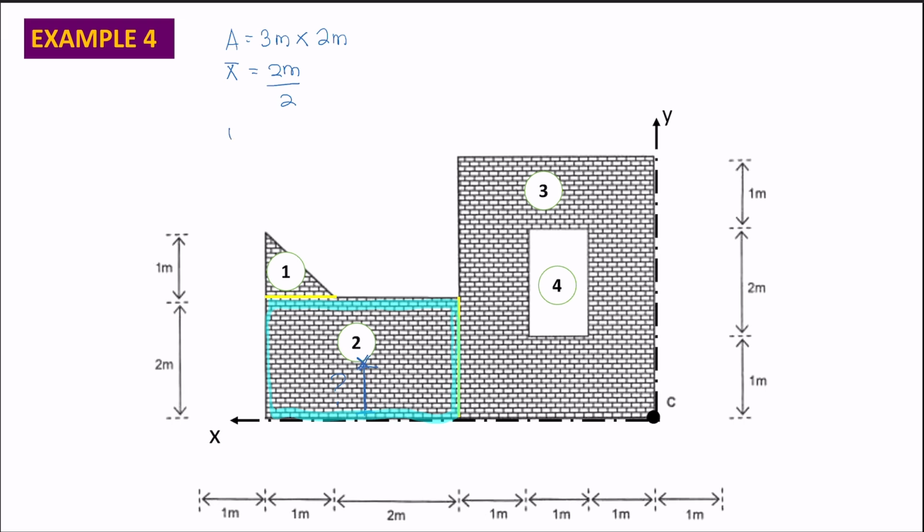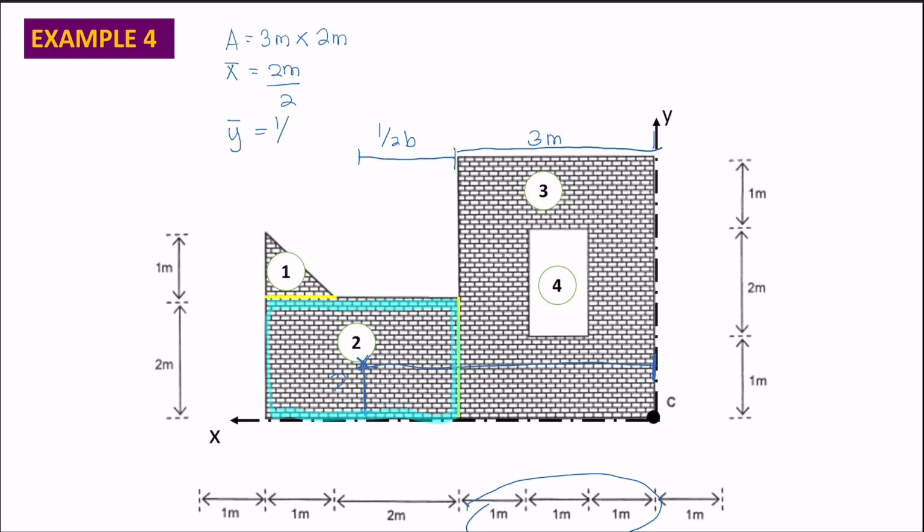And for the y bar, it's going to be from the centroid of the rectangle to the y-axis. Here you have half of the B, and you have to add another 3 meter to get to the y-axis.